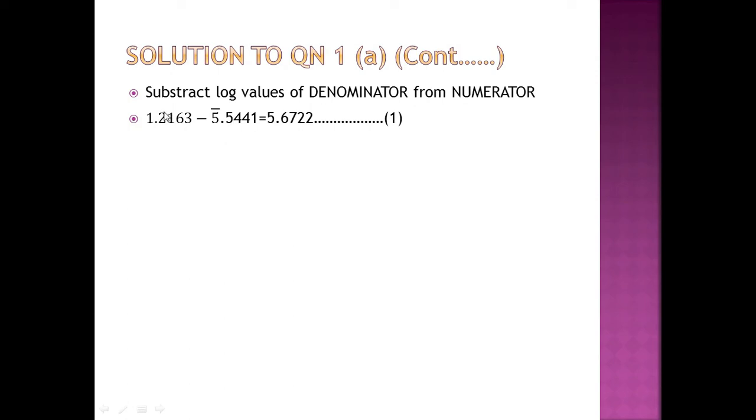Then we remain with 1, so we borrow 1 from the number 1, and we have 11 minus 5, which is 6. We remain with 0 on this side, so 0 minus bar 5, which is like 0 minus minus 5, is going to be positive 5.